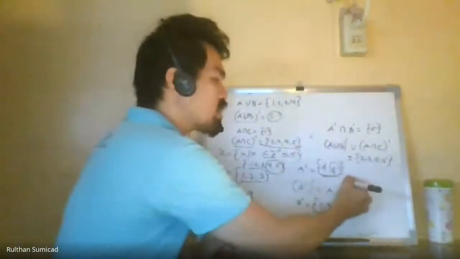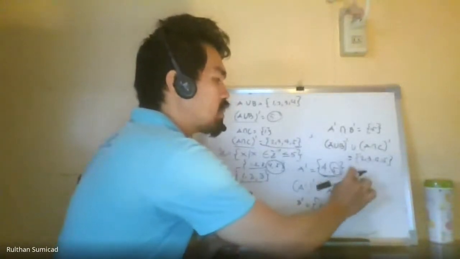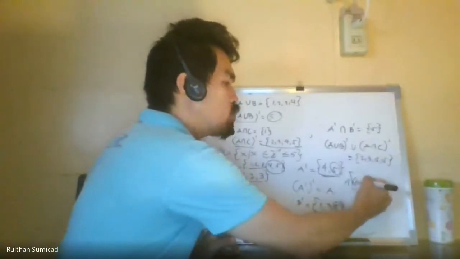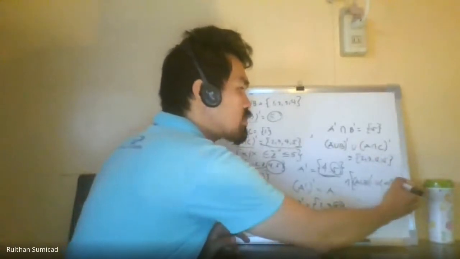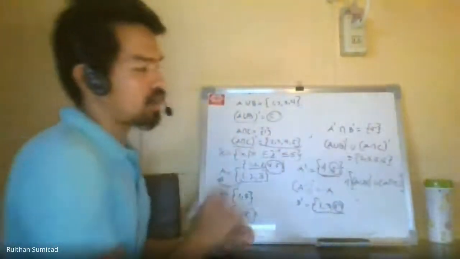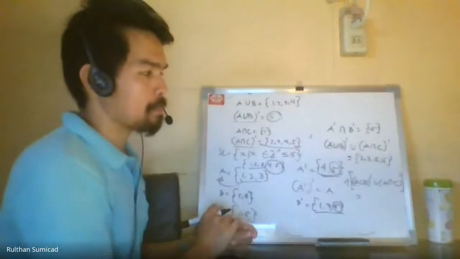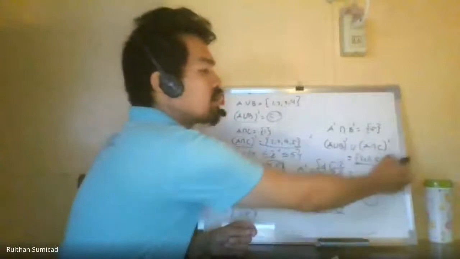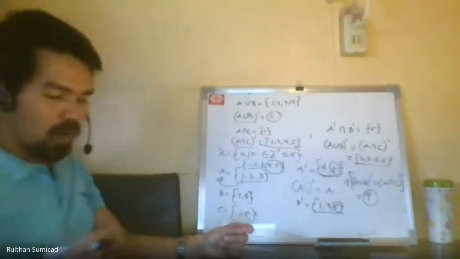So if the question is, let's make it like this, n of the complement of A union B, union the complement of A intersection C, bracket. What's our answer? 4, sir. The answer is 4 because it contains 4 elements. Okay, I think that's all.